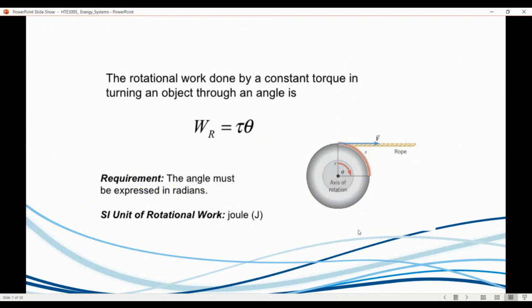Work done is force times distance, so for work done in rotation, it's torque times angle, which is the same kind of thing. Obviously, it comes out as joules, which is newton meter. Power is with speed, which is force times velocity. So torque times an angle gives you work, and if you take that times the speed, you get power.